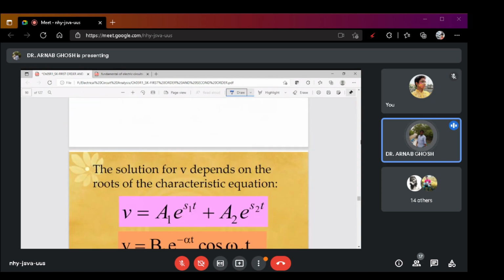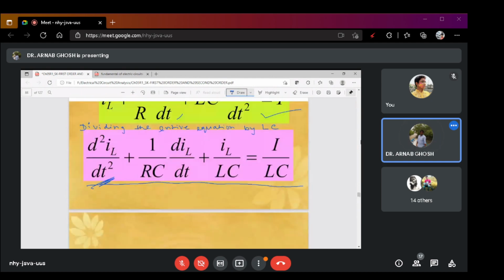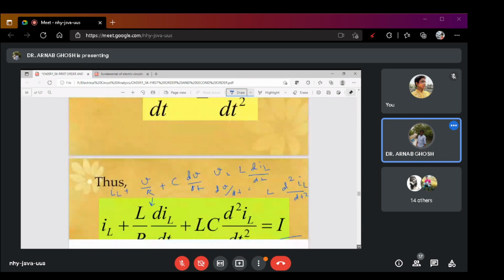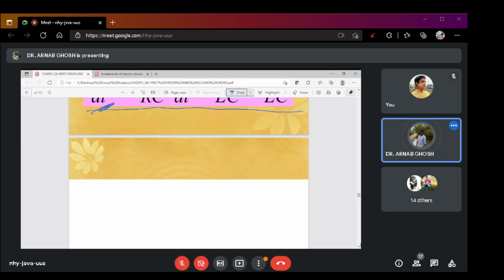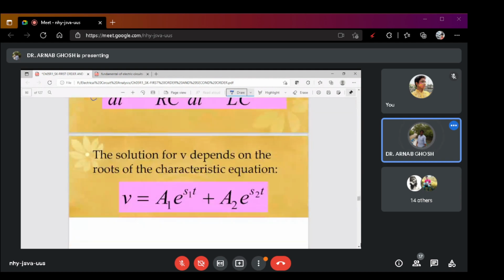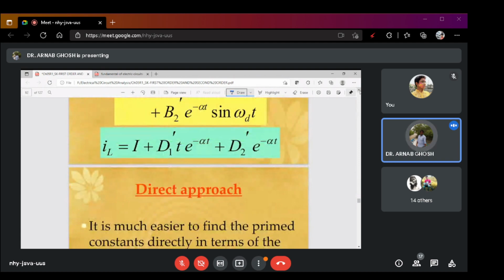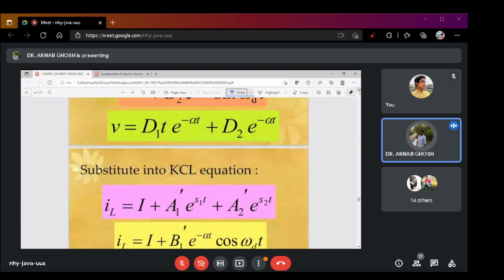Now you have got here IL as this expression. So you just put here IL and you can calculate this. See, IL is I plus A1 e to the power S1t plus A2 e to the power S2t. It's just dV by dt. We are just doing this dV by dt. This is simple, I think.